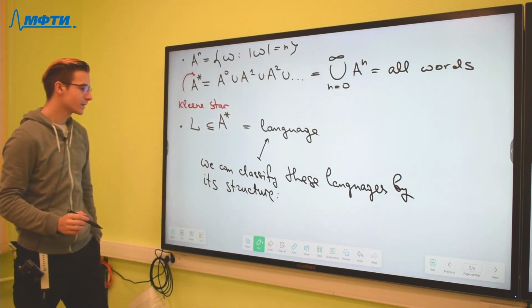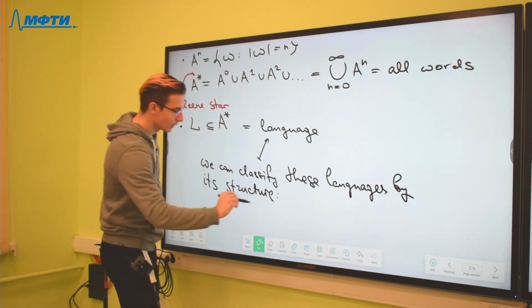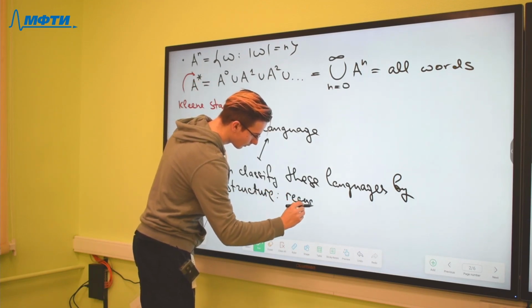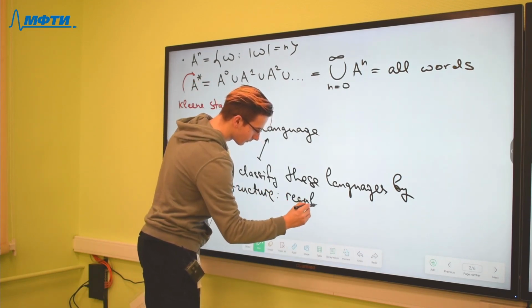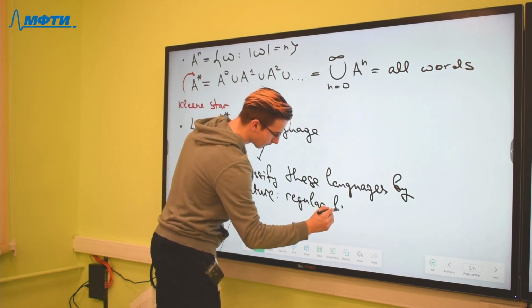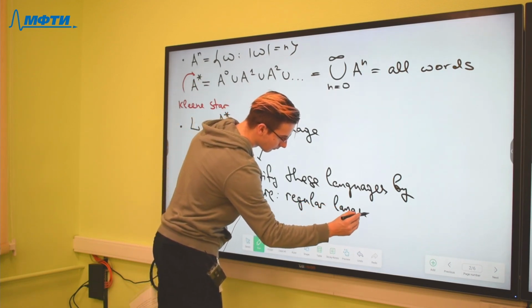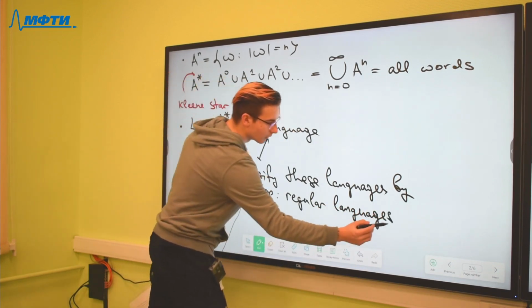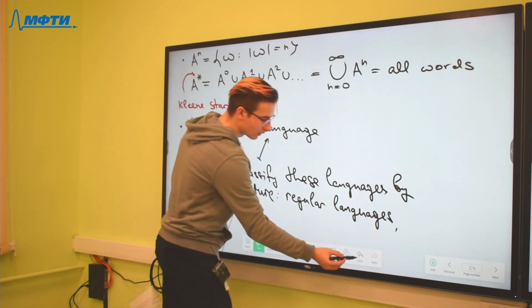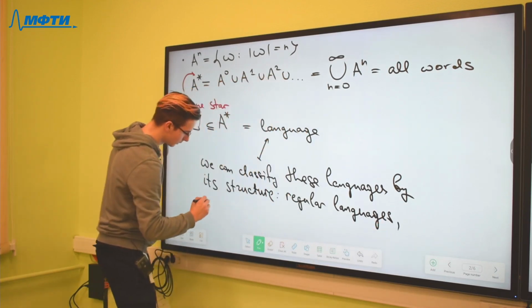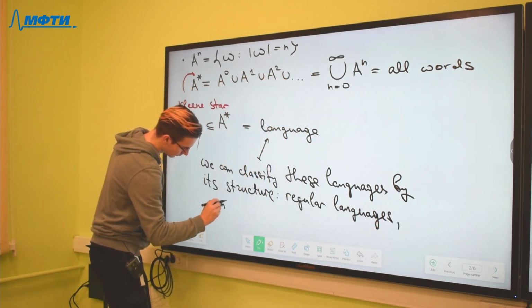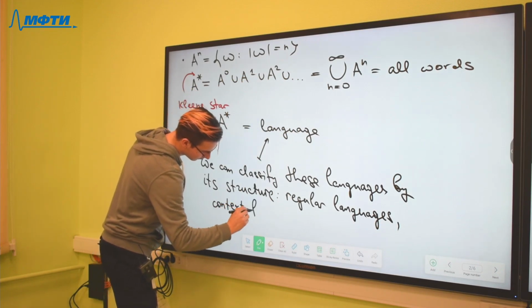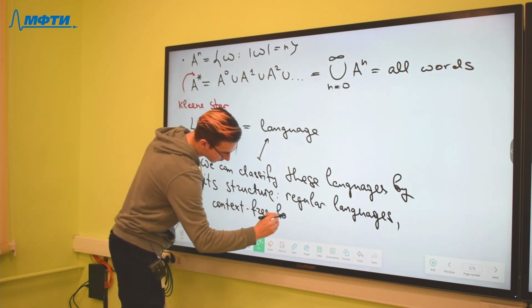In this case, you can face regular languages, for example, context-free languages.